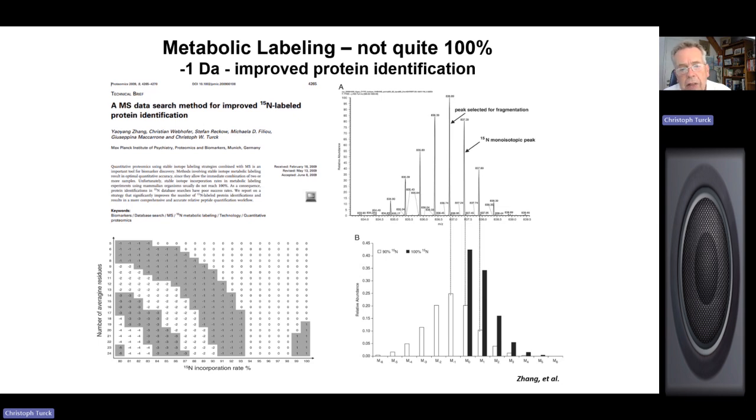He came up with a nice idea of how to improve this situation by basically telling the database search engine to look at the -1 Dalton signal for protein or peptide sequence identification. So if you introduce a -1 Dalton static modification during the database search, then you actually can vastly improve the number of identified peptides this way.